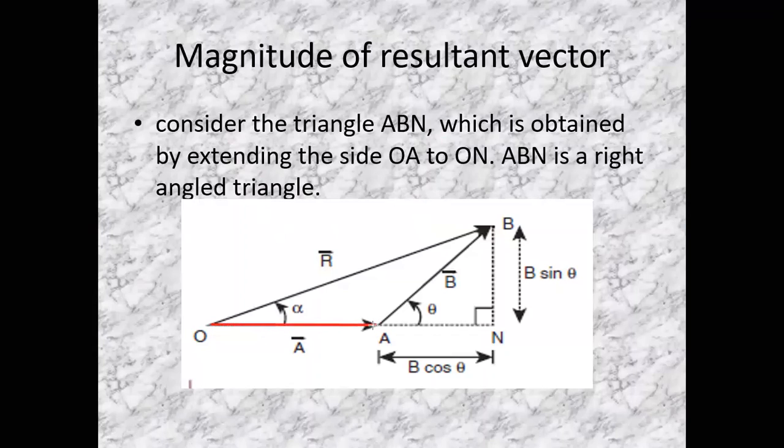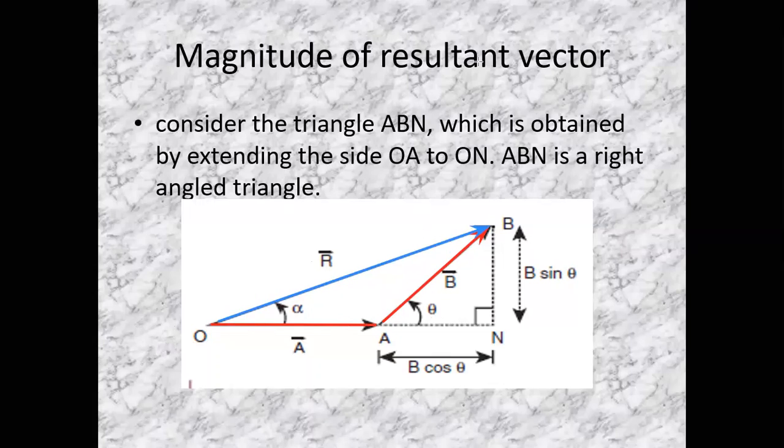To the head of the A vector, we draw the tail of the B vector. Now we get the resultant vector by joining the tail of the A vector and the head of the B vector. This gives the resultant.